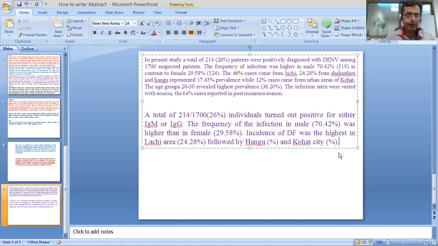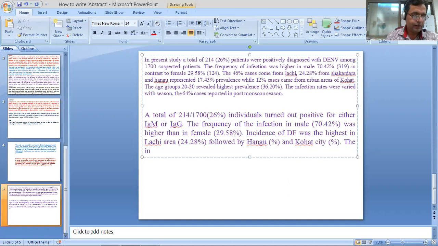I can simply write here that the incidence rate was significantly.